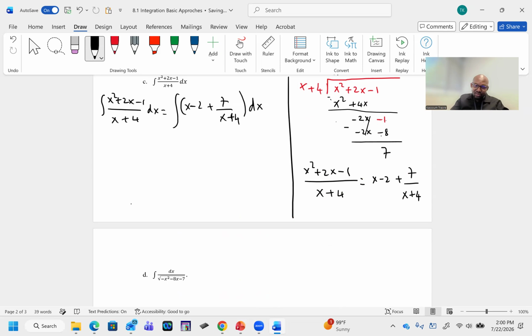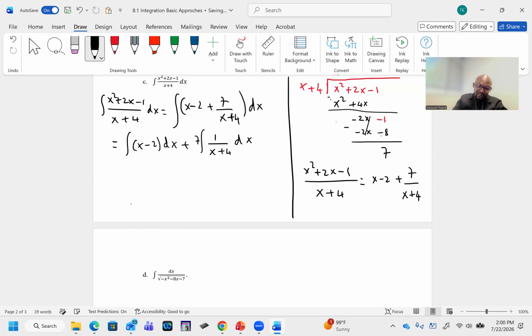So for you to better understand, I'm going to make it the integral of x minus 2 dx plus, if I want, I can take this 7 out to make it 7 times 1 divided by x plus 4 dx.